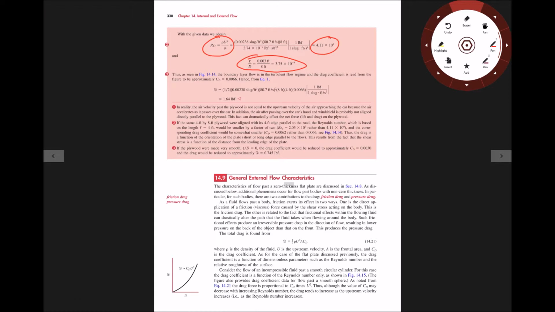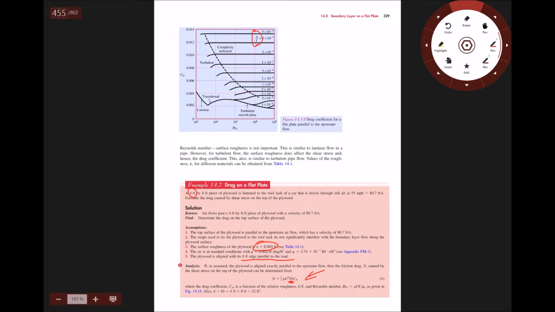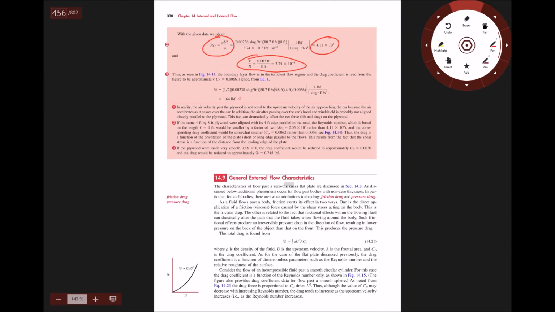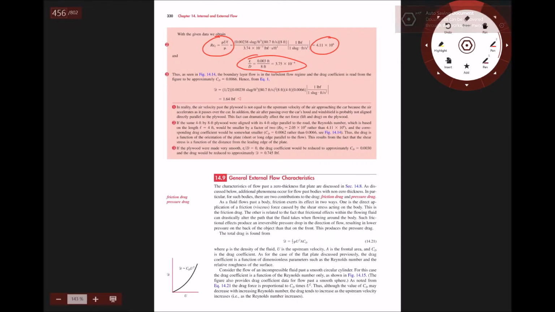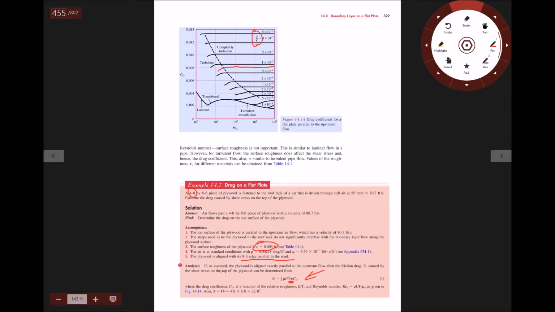So by looking at this 4.11 times 10 to the 6 and 3.75 times 10 to the minus 4, it's going to be a line that pretty much runs like this, and we are meeting the Reynolds number at 10 to the 6, so about there.